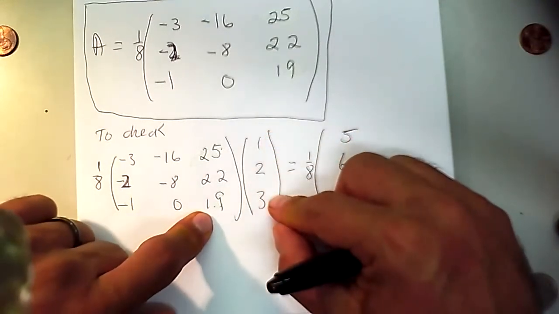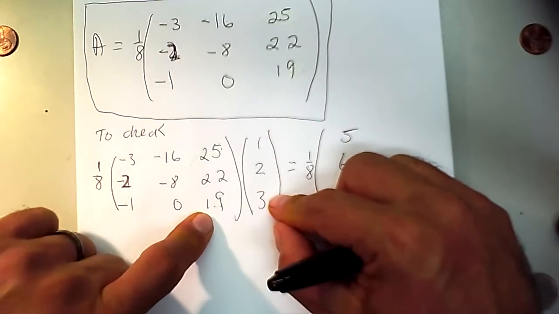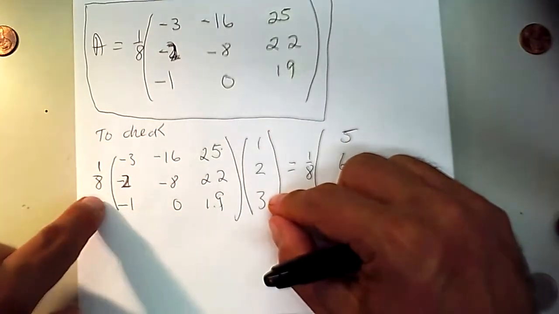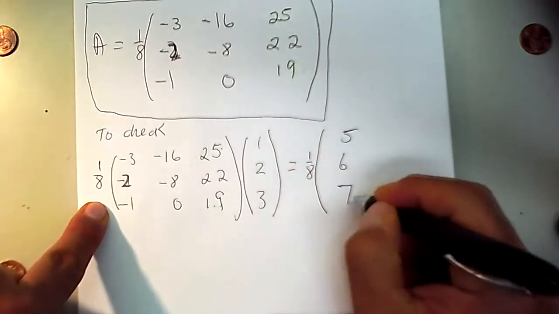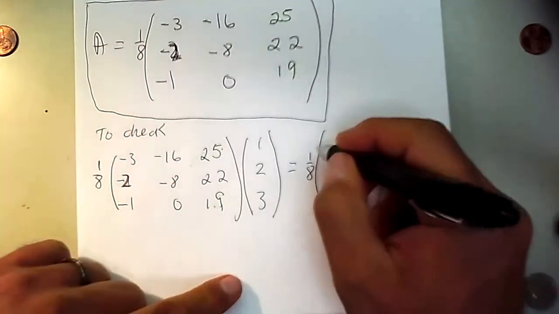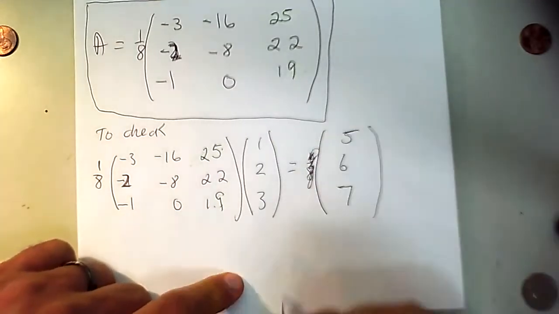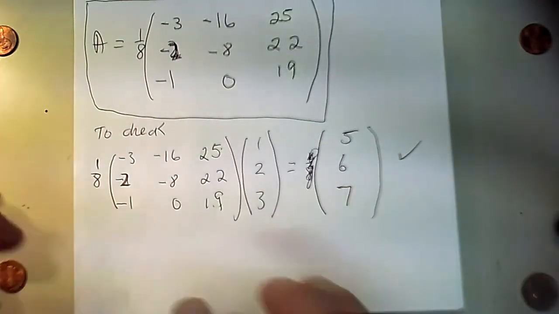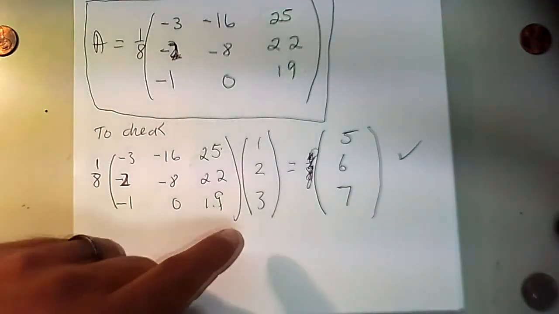And then negative 1 plus 57, that is 56. And 56, I know, divided by 8 is 7. Oh, but then we don't need the 1/8 anymore because I'm already dividing by 8. So yes, that checks. And then we should check the other two vectors.